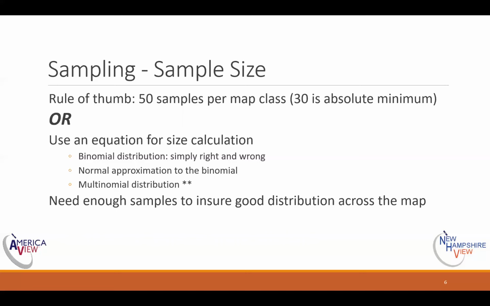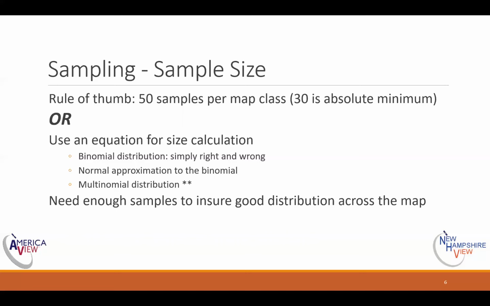There are some equations that you can think about for this if you want to. If you're talking about not building an error matrix, but you just want to calculate right and wrong, just overall accuracy, yes or no, then you're talking about a binomial distribution, 2 cases, yes and no, or right and wrong.